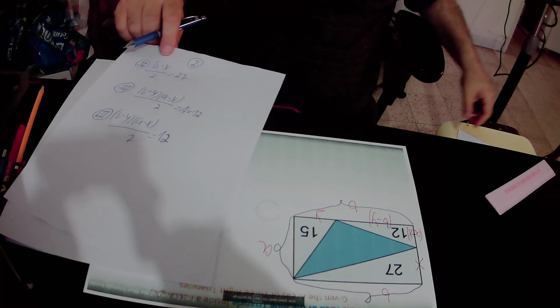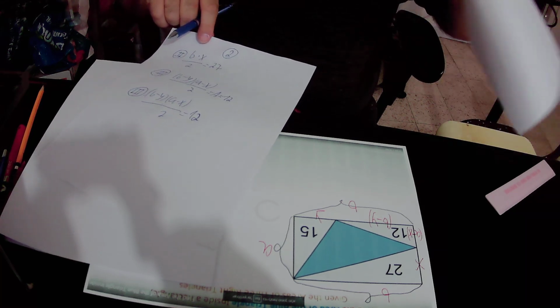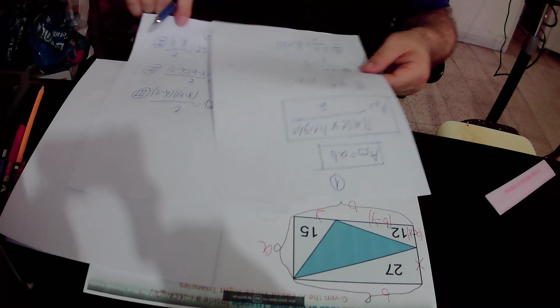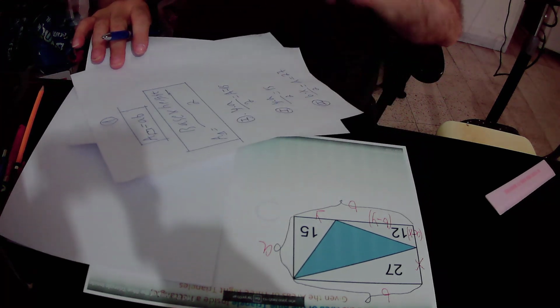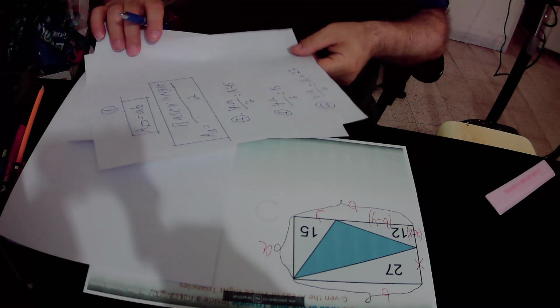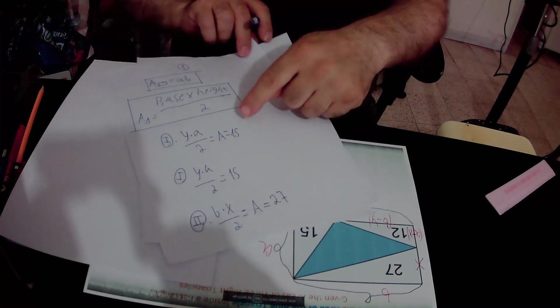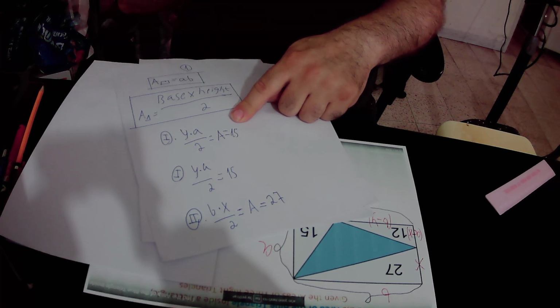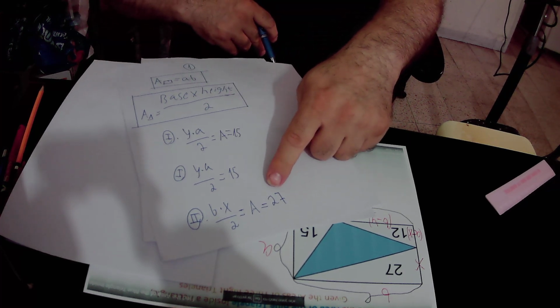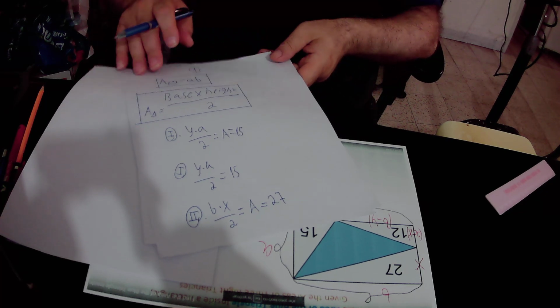First of all, we will take y out of the first equation, and then we will take x out of the second equation. So we will start with y.